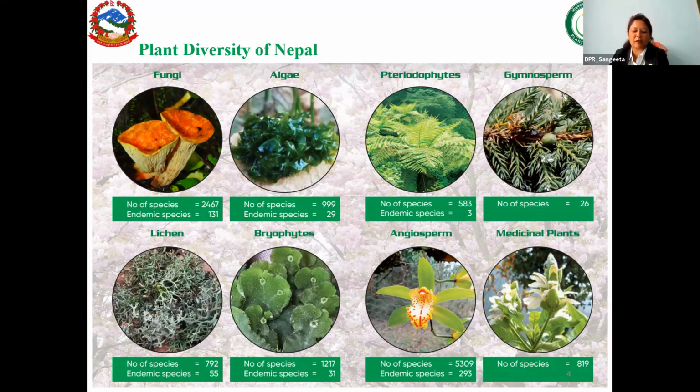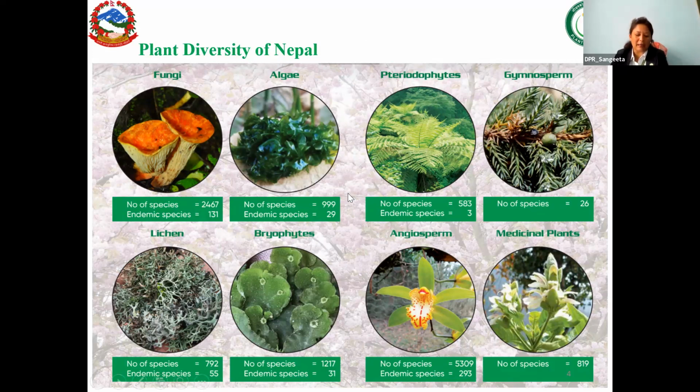So what is an endemic species? You have to know that endemic species are geographically restricted species, found only in the geography of Nepal. In algae, we have 999 species recorded, and among them, 29 are endemic to Nepal. In the pteridophyte group, the number of species recorded is 583, and among them, 3 are endemic to Nepal.